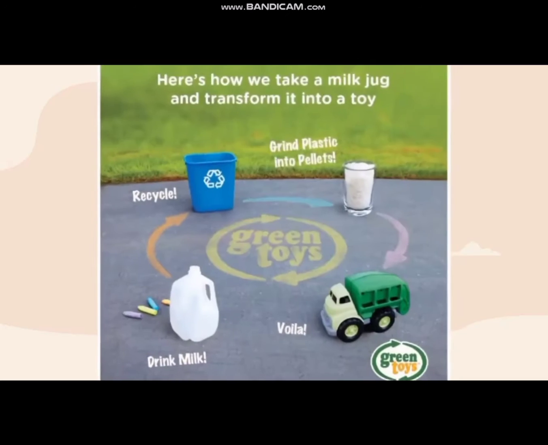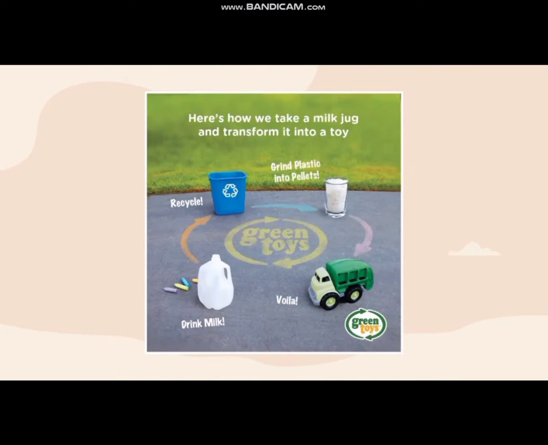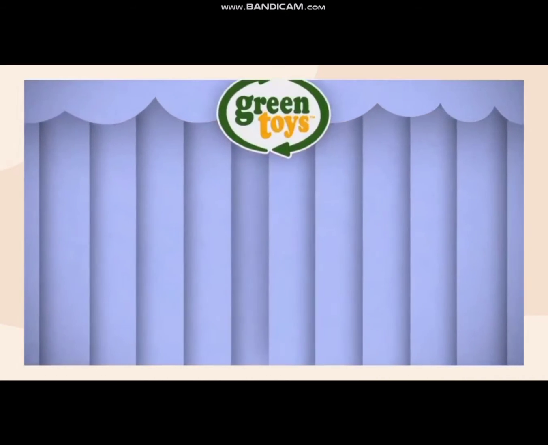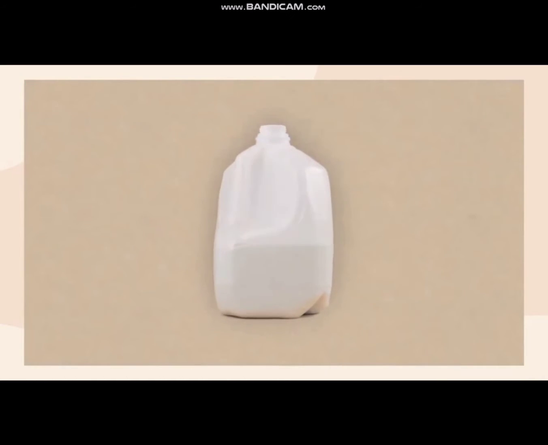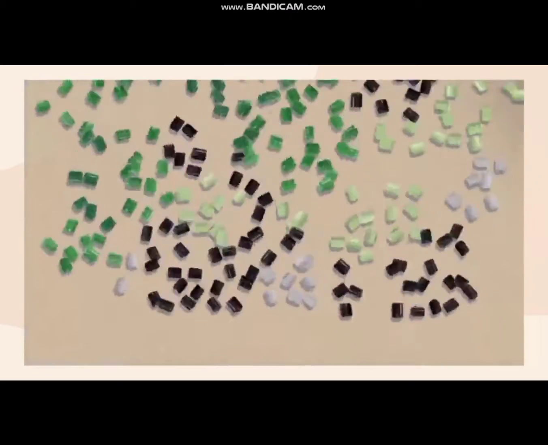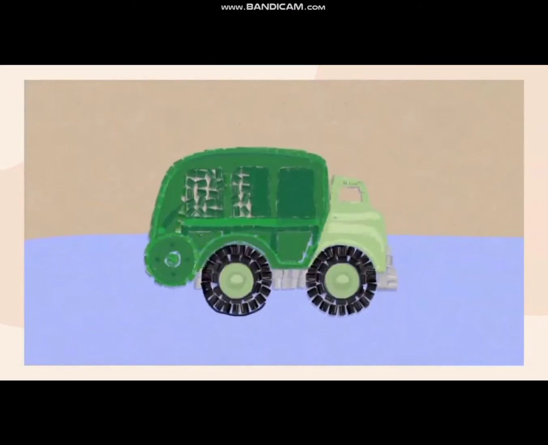For example, Green Toys Company. The products they sell are 100% made from recycled materials. The toys are made from recycled plastic milk jugs. Products are packed in 100% recyclable cardboard and printed with minimal color using soy inks.